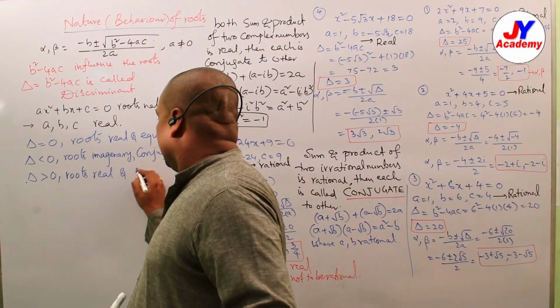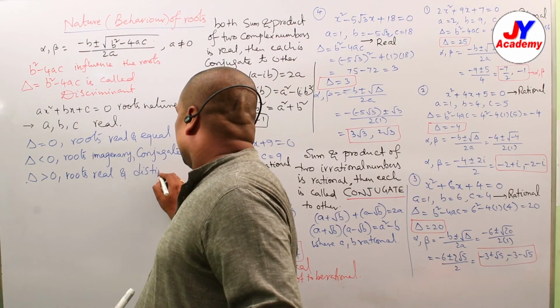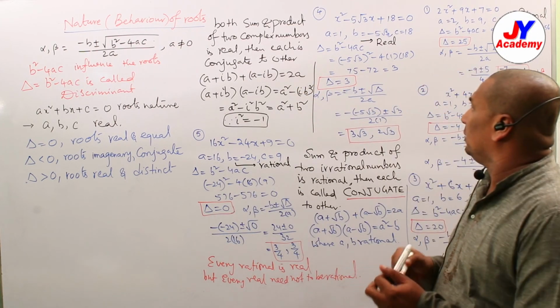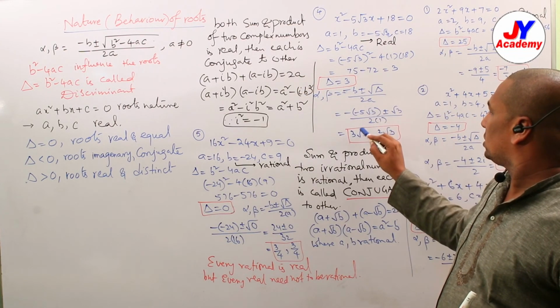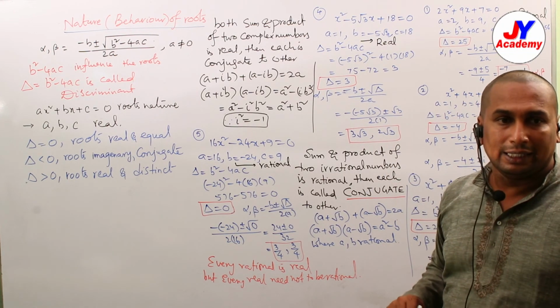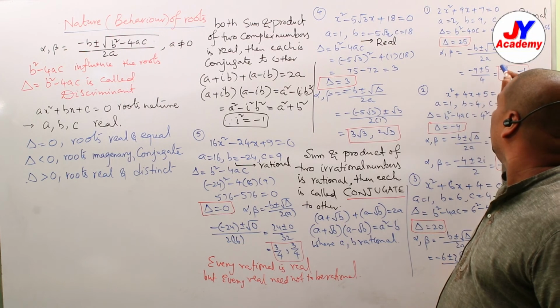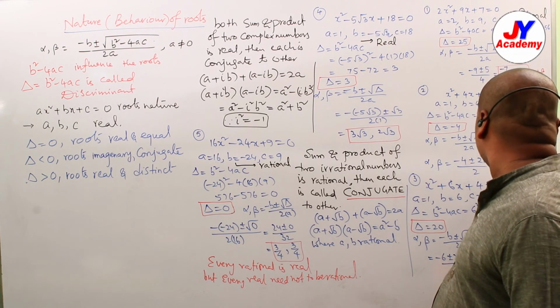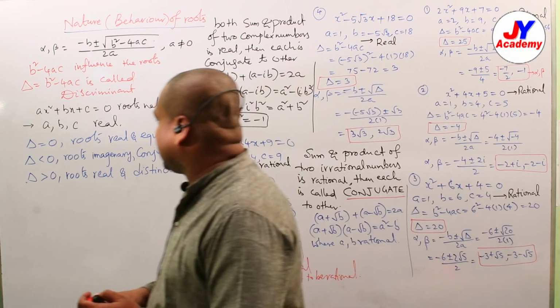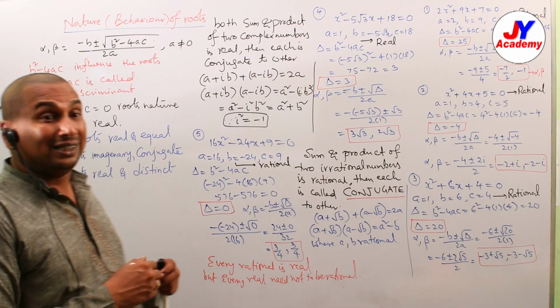Real and distinct. See here, delta greater than 0, roots are real: 3 root 3 and 2 root 3. Real and distinct. Here also roots are real and distinct, where A, B, C are real.